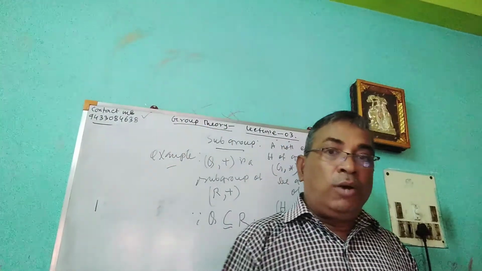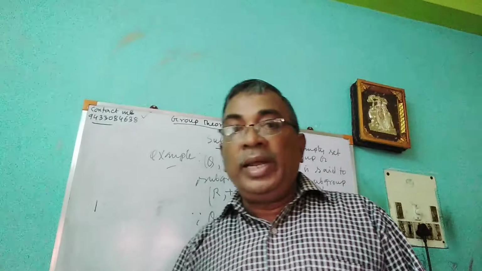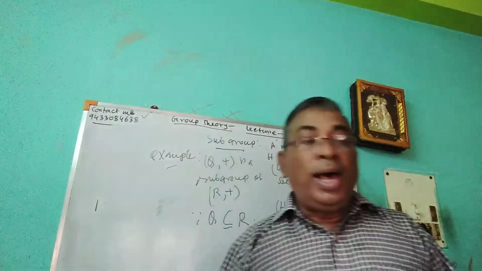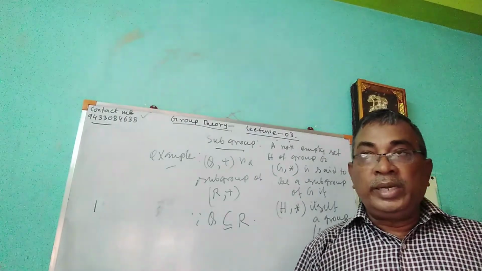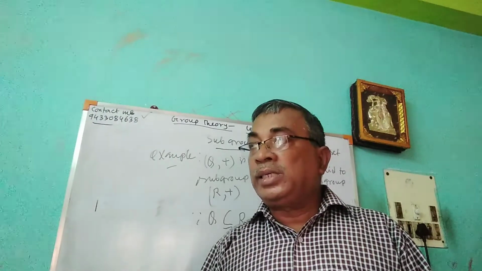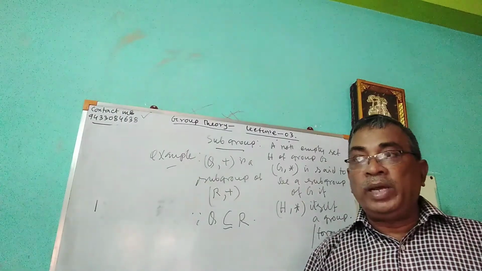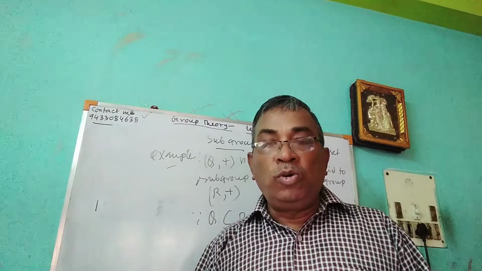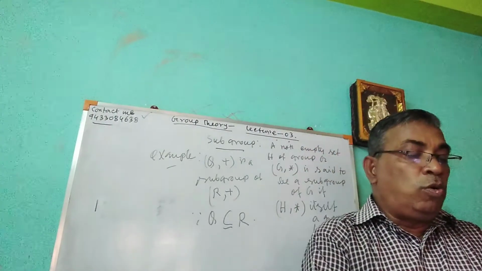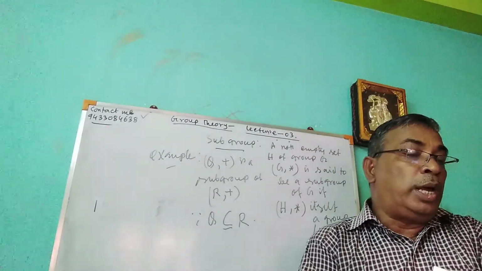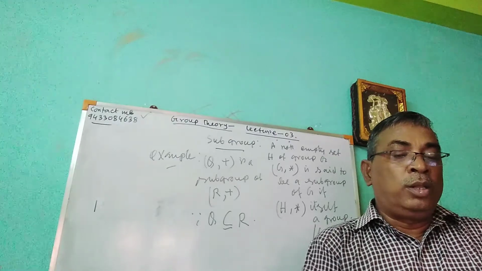Now you have understood very nicely the definition of group and the definition of subgroup, along with some examples. In the next video, I will cover monoid, semigroup, and groupoid.